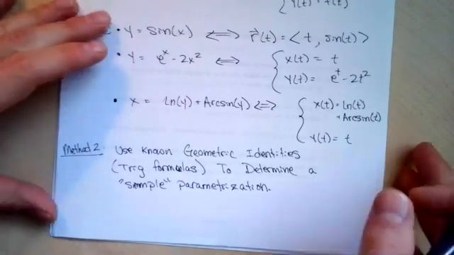And so examples of this, and I guess I should say the other reason I put the simple in quotes is, well, we kind of just saw that parametrizations also aren't unique.